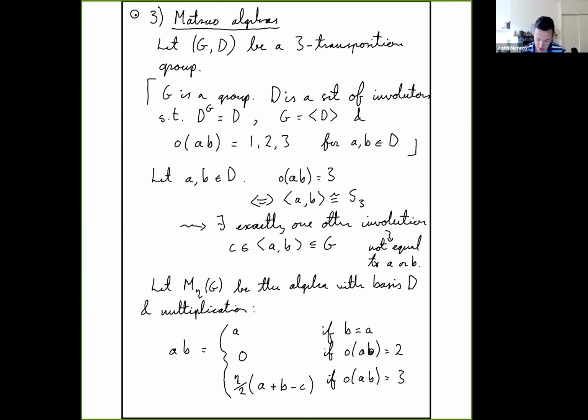And this C is precisely this third C here. And actually, we know that because C lives in here, C is equal to A conjugated by B. It's also equal to B conjugated by A. So if you want to know, this C is A conjugated by B or B conjugated by A.